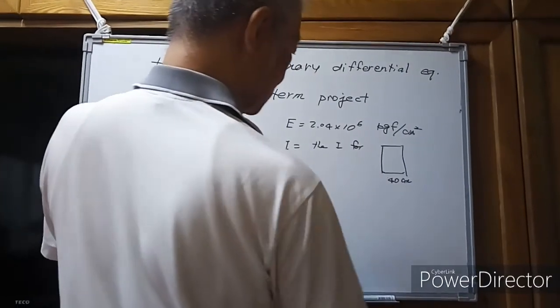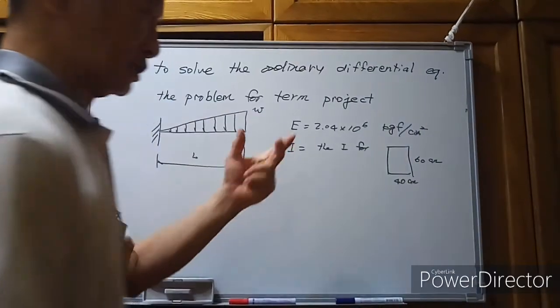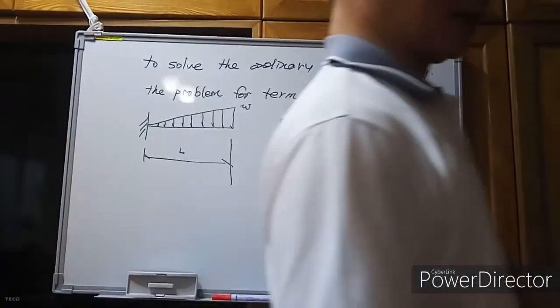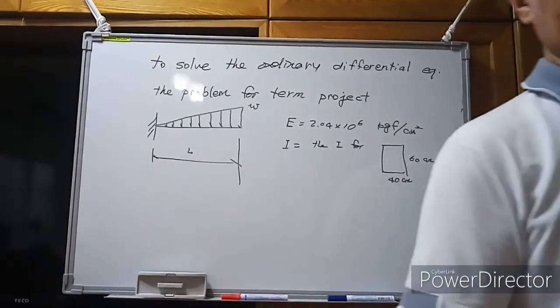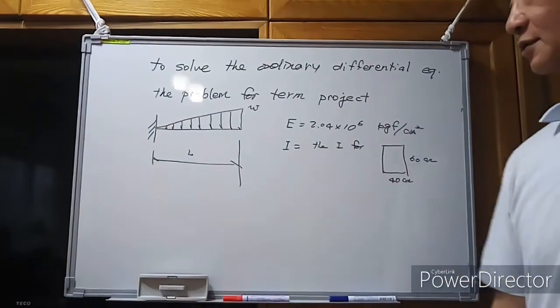The moment of inertia, you need to calculate by yourself. It is a rectangular cross section. The depth of the section is 60 centimeters, and the width of the section is 40 centimeters.